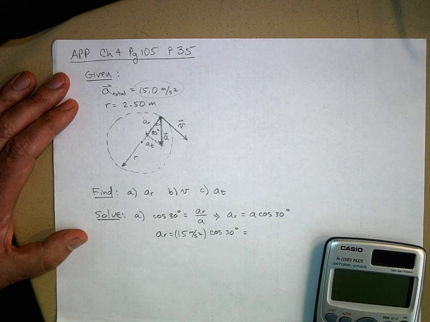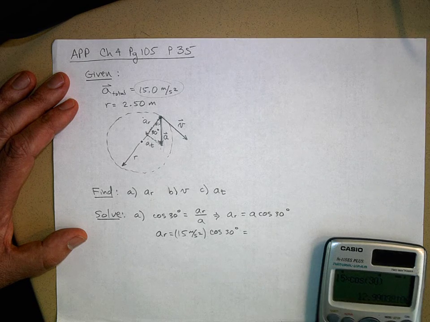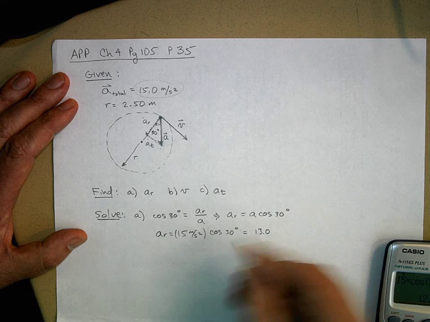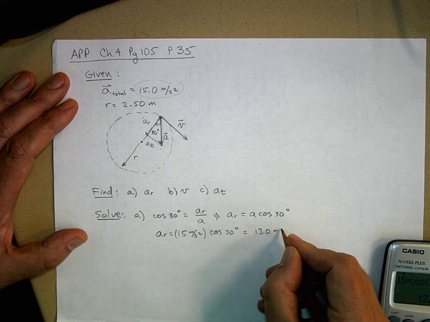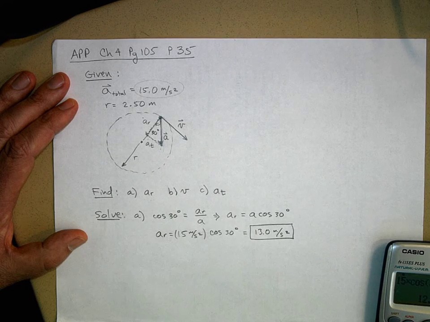When I plug that in, make sure your calculator's in degrees: 15 times the cosine of 30. And I get 12.99, which I'm going to round off to 13.0, three significant figures, meters per second squared. There's my answer for part A.